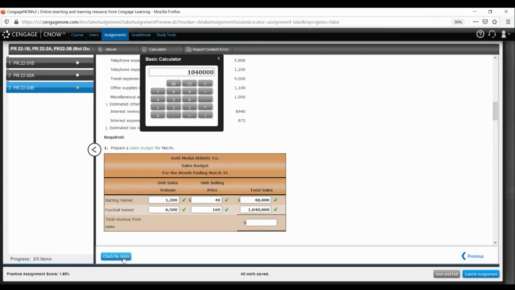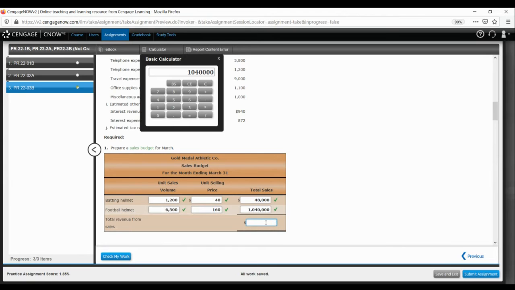Again, I'm going to encourage you to check your work through Cengage just to make sure that your math is correct. You need to get your math correct in the sales budget because we're going to feed some information from the sales budget into the next budget that we prepare.